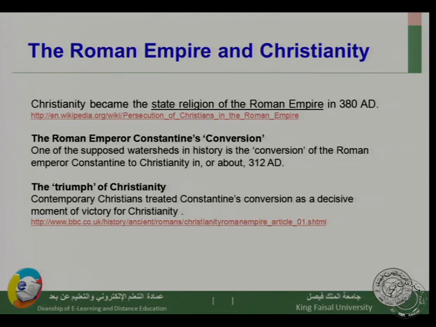After the Roman Emperor Constantine decided to become a Christian, he spread Christianity through the Roman Empire. So he is a main figure in the spread of Christianity. You can get more information going to that link.